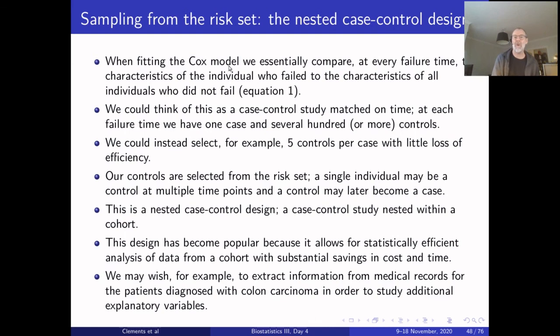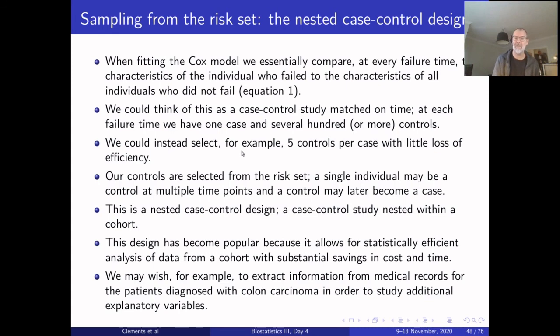When fitting the Cox model, we're essentially comparing at every failure time the characteristics of the individual who failed to the characteristics of all individuals who did not fail. We could think of this as a case control study matched on time. At each failure time, we have one case and several hundred or possibly more controls.